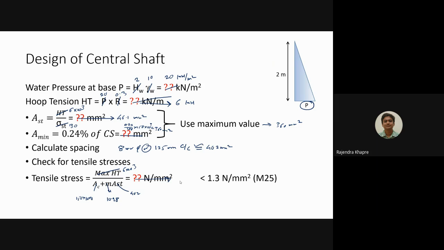How much is the tensile stress now? 0.04, very less, right? So you can see it is well within the permissible limit of permissible tensile stress.